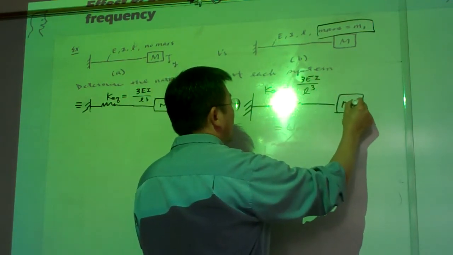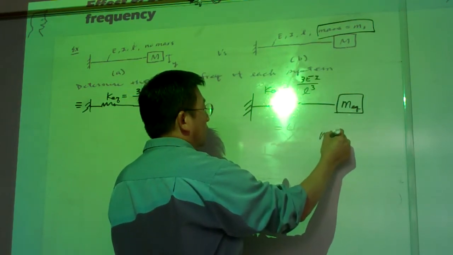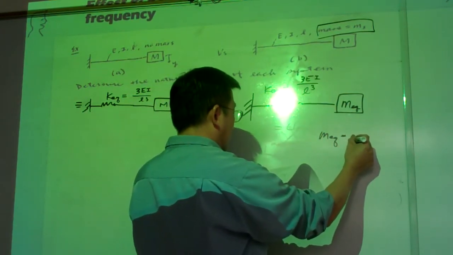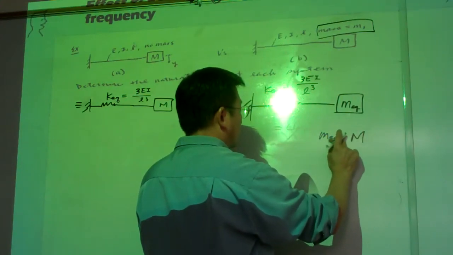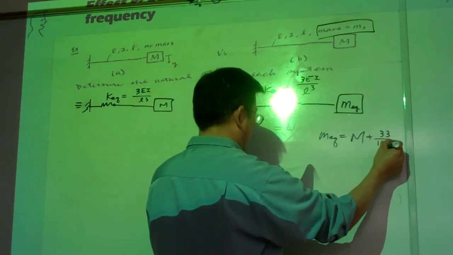And for the mass M_eq, because the beam has mass, we have done earlier that M_eq is equal to M plus 33/140 M_s.